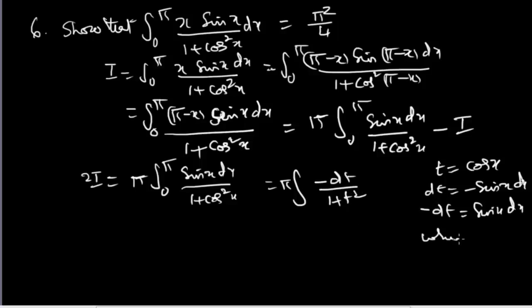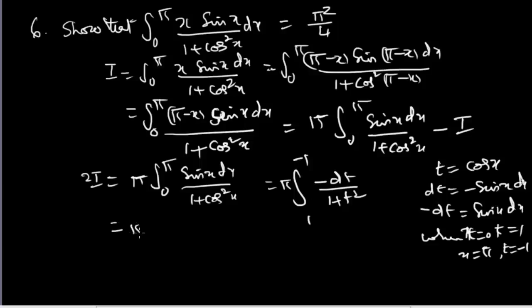When x is equal to 0, t is equal to cos 0, which is 1. When x is pi, t is equal to cos 180, which is minus 1. So the limits become 1 to minus 1.